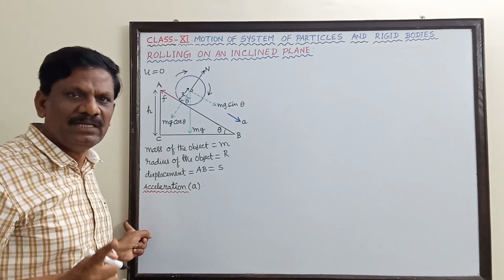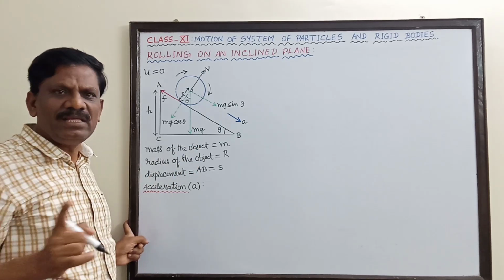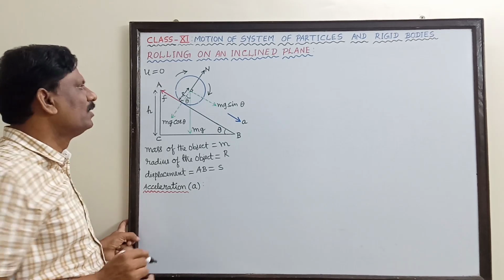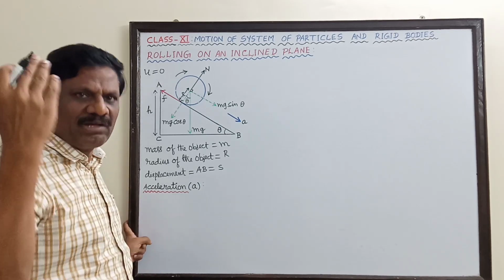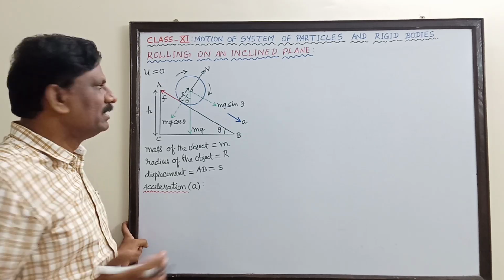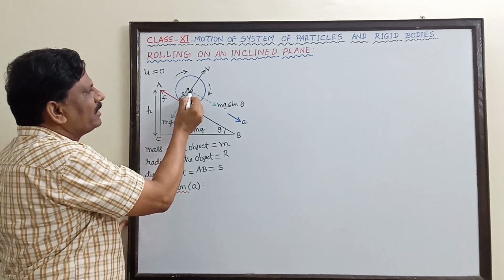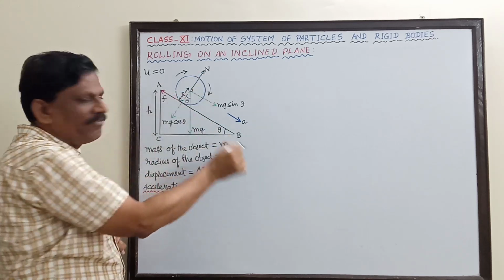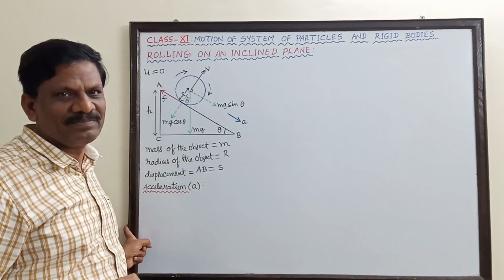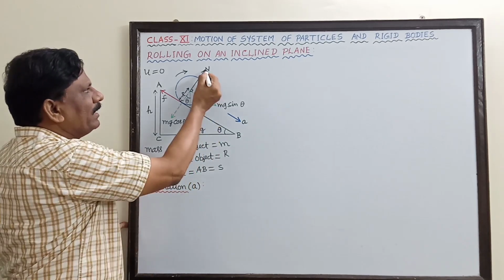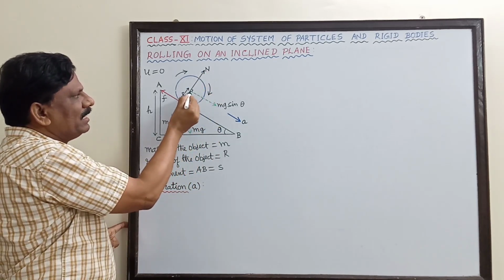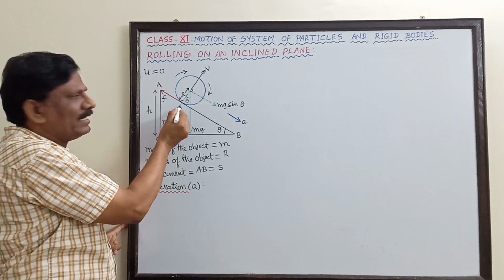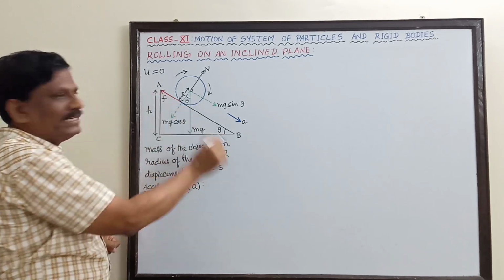Weight always acts in the vertically downward direction. For this, the normal reaction will be acting. You can see the normal reaction is acting at the same point, but it will be perpendicular to the surface on which the object is moving. So N is acting at some angle with respect to the weight.